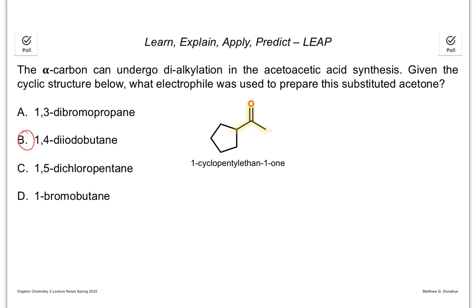So there's the 3 carbons for acetone. And then in green, there's the electrophile. So there's alpha, and now you have beta and beta. So both beta carbons have to have a leaving group.